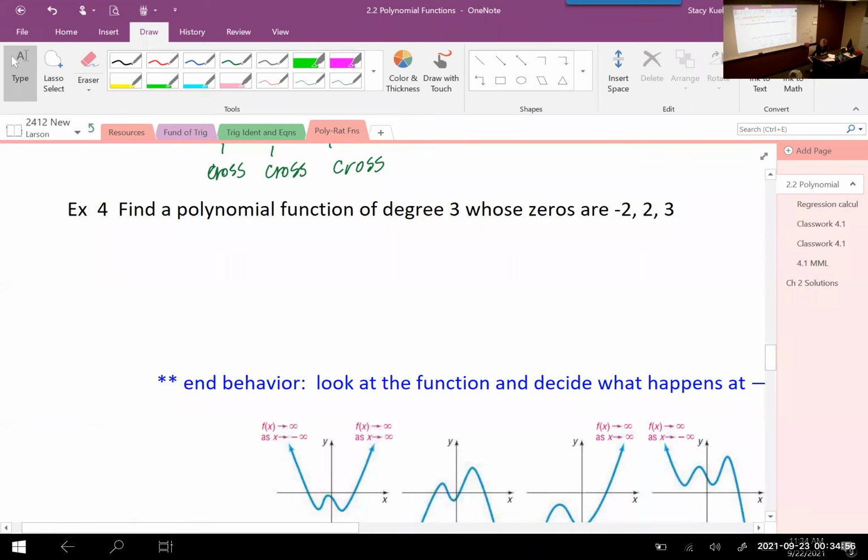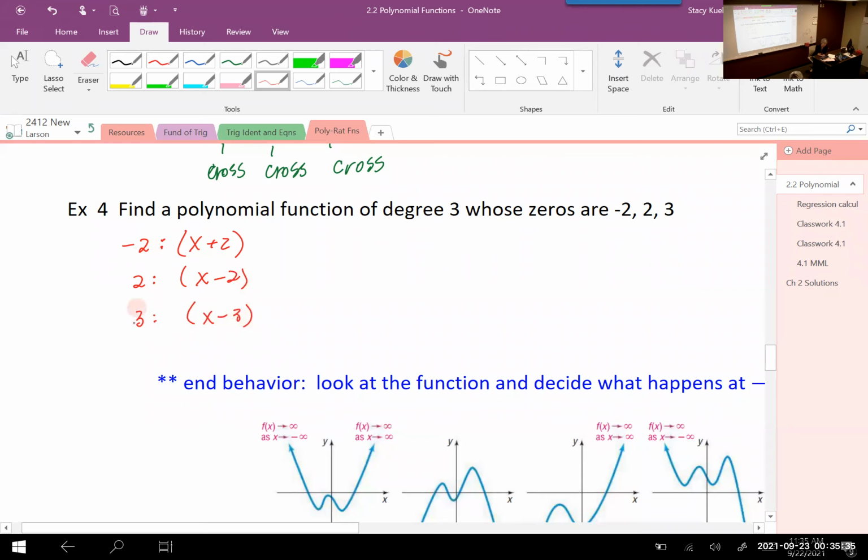So we're going to take the zeros and rewrite them in their factored form. At -2, that looks like x plus 2, doesn't it? At +2, that looks like x minus 2. And at +3, that looks like x minus 3.